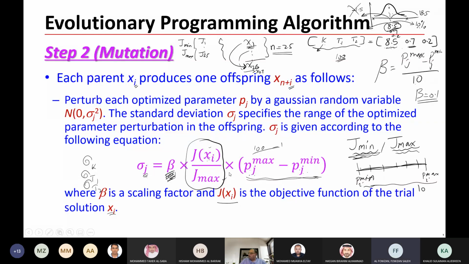Khalid Sulaiman? Yes, sir, I just want to clarify one thing, please. Now, x1 is going to produce x26 in this particular example, so x26 will have 3 parameters. The new k in x26 will be calculated by adding a Gaussian random variable to 8.5, right?